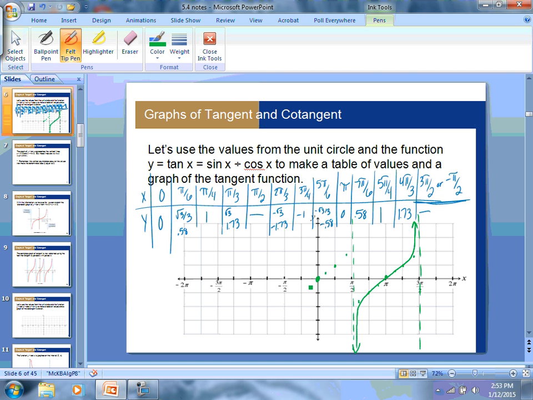I'd have another asymptote here. So this part of the graph would go like that. And I could start another curve over here. I don't have the rest of the graph drawn in there to be super precise, but that's what it would look like if I extended it over some more.